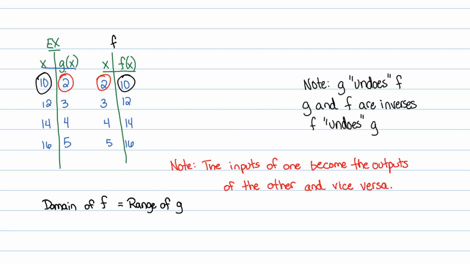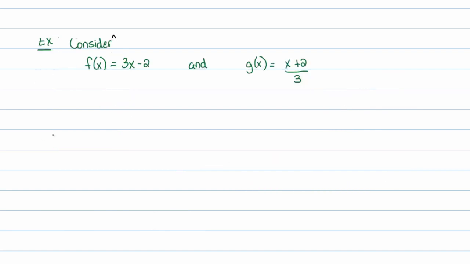And notice that happens to be the same list of outputs, or in other words, the range for g. Same can be said about the range. The range of f is equal to the domain of g. Right? Here's the range of f. f has the range 10, 12, 14, and 16. And g has the domain 10, 12, 14, 16. There you go.